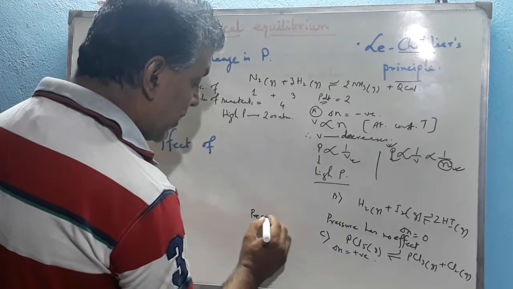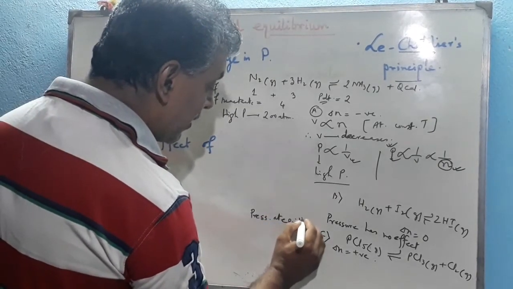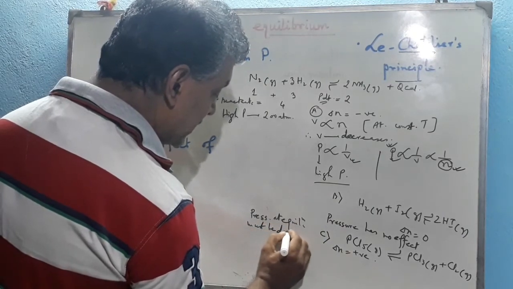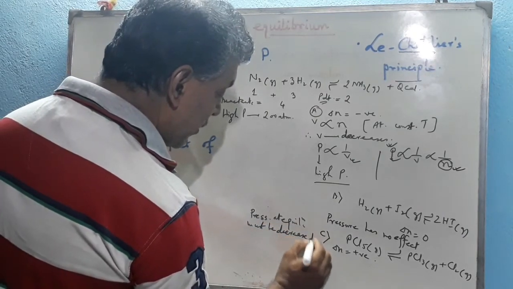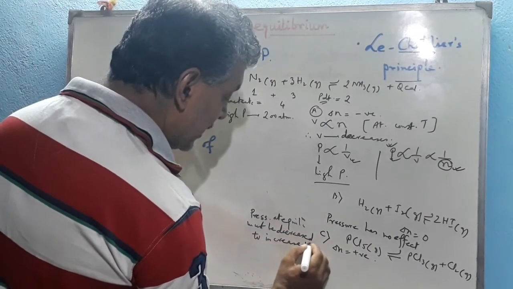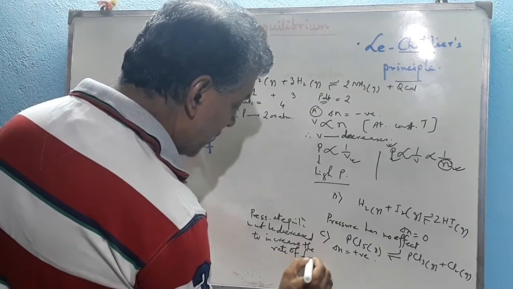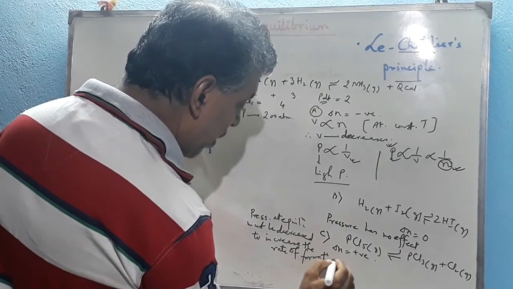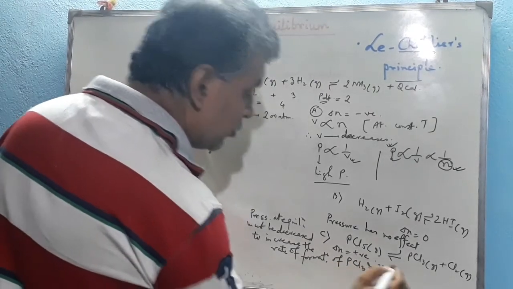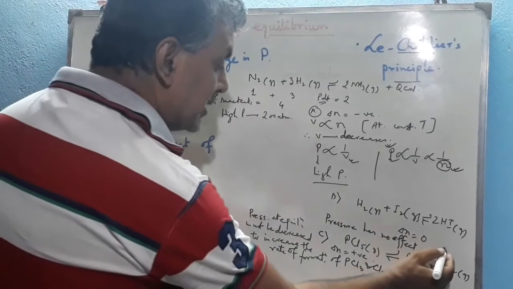So pressure at equilibrium must be decreased to increase the rate of formation of PCl3 and Cl2. To increase the rate of production, pressure at equilibrium must be decreased.